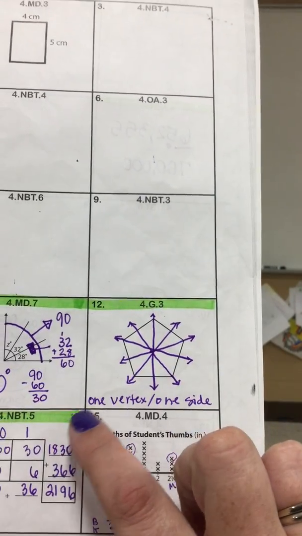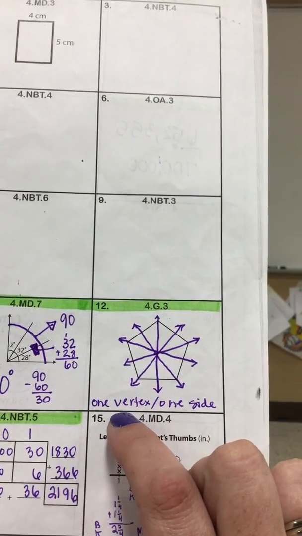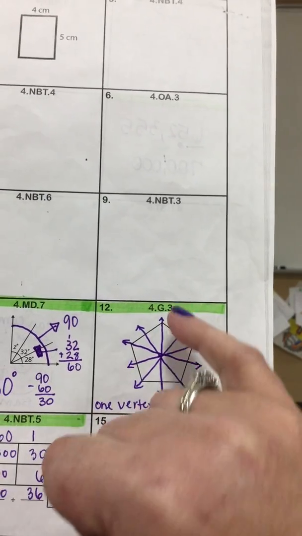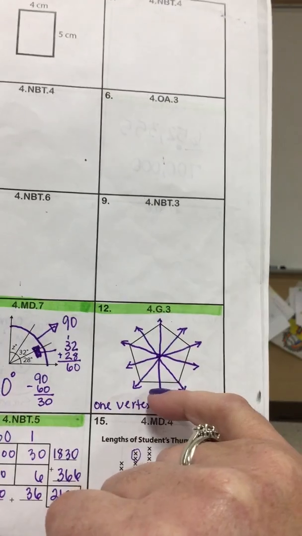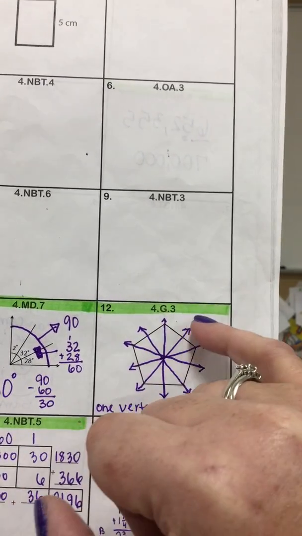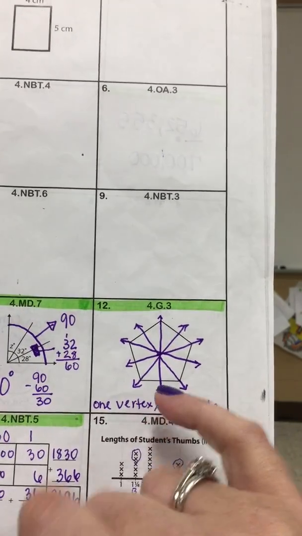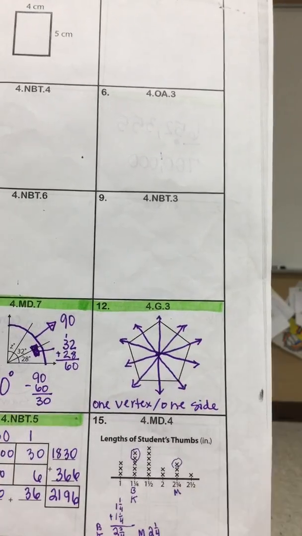And then it asked us where would an odd number sided polygon have its lines of symmetry, and that means that one vertex ends up on a side. So it goes from vertex to side, and then vertex to side is what this part right here means. If it's even, it would go from side to side, vertex to vertex.